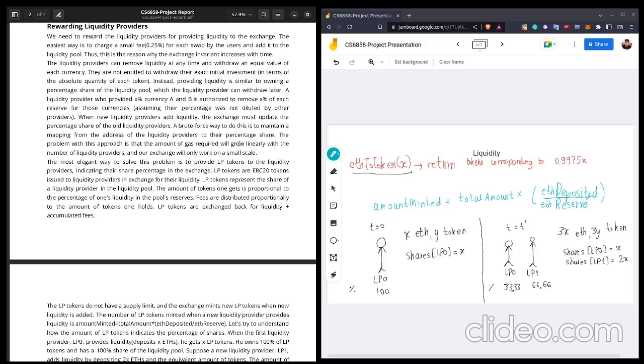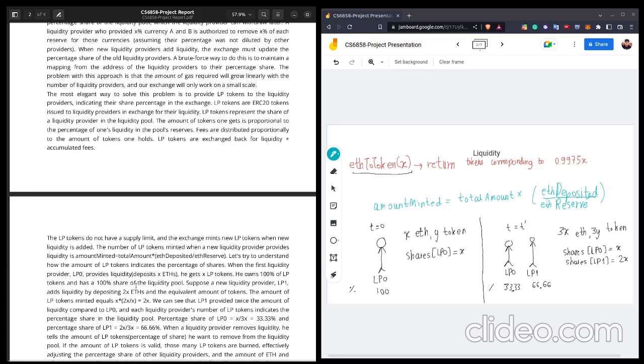The more elegant way to solve this is to provide LP tokens to the liquidity providers, which indicate their share percentage in the exchange. LP tokens are ERC tokens issued to liquidity providers in exchange for their liquidity. LP tokens represent the share of a liquidity provider in the liquidity pool.